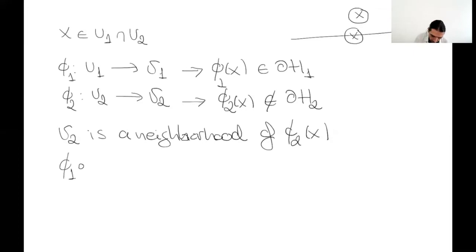Now, what we do have is that this map over here, which is the coordinate change between phi2 and phi1, is a C^r diffeomorphism.